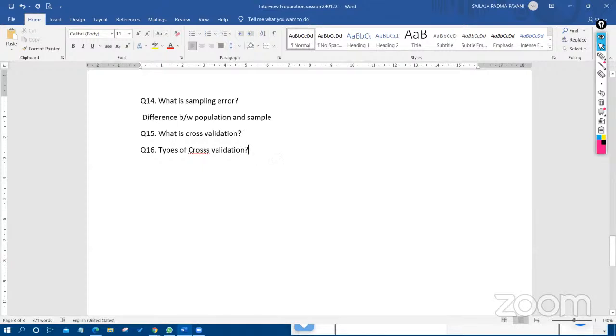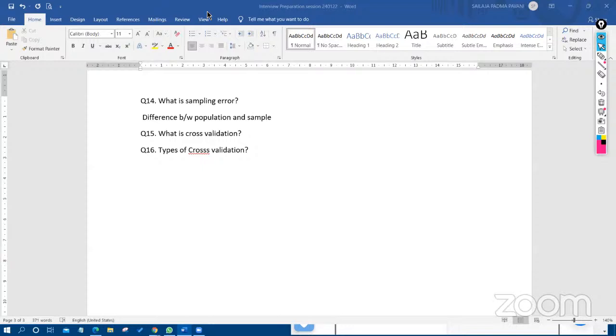What are the types you have? What are the types of cross validation?